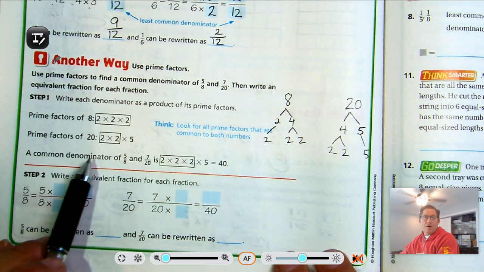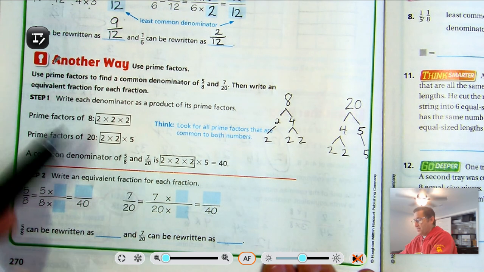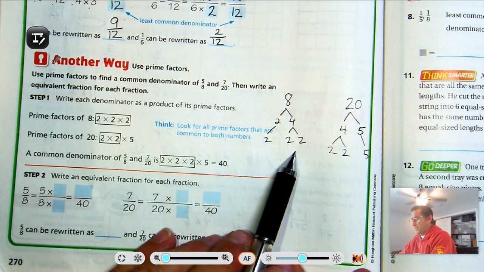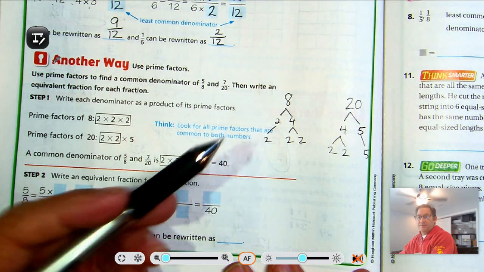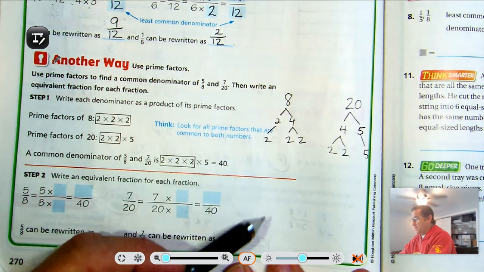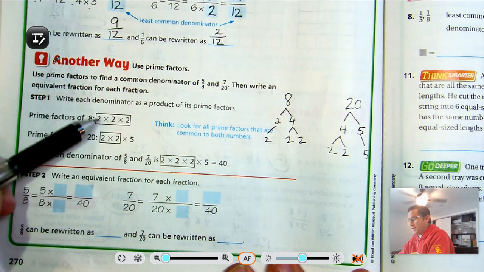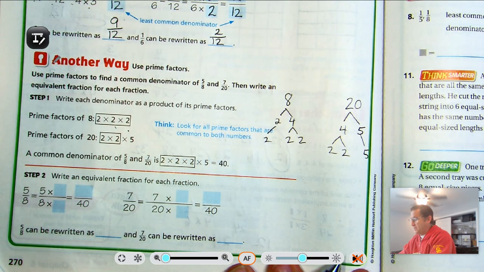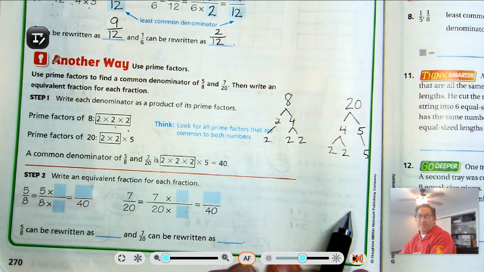So now, for the common denominator of 8 and 20, you're going to find all the prime factors that are unique in these two numbers. So in other words, there are 3 2's in 8 as prime factors, and there are 2 2's in 20.